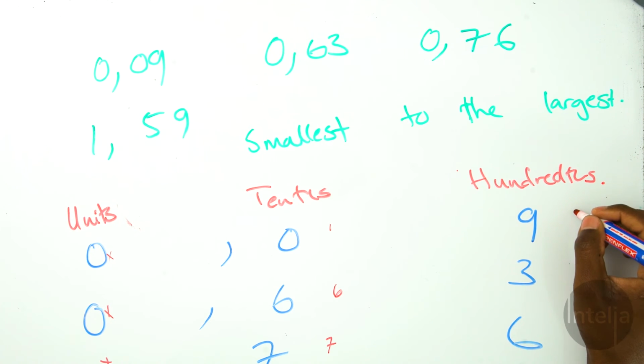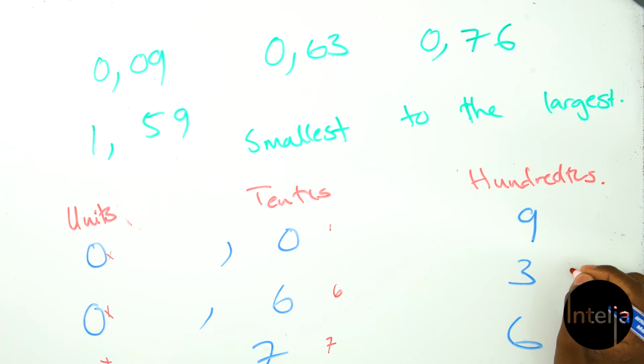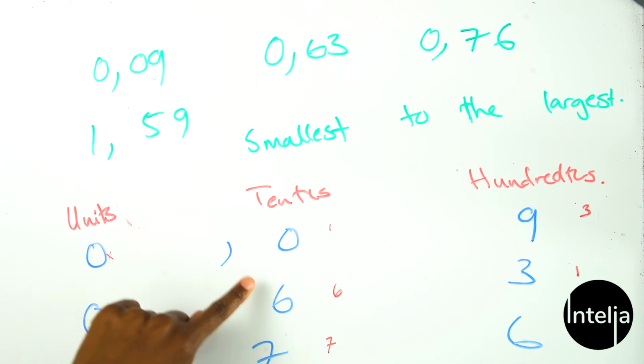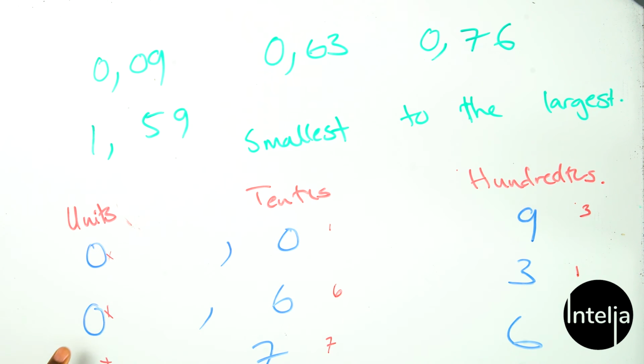And then in the hundreds, we have 9, 3, 6, and 9. Since 1 is the largest here, and the 9s are the largest, automatically they can't be the smallest.